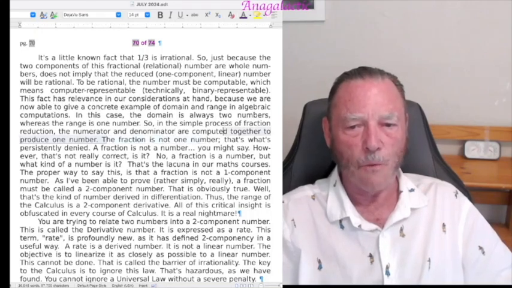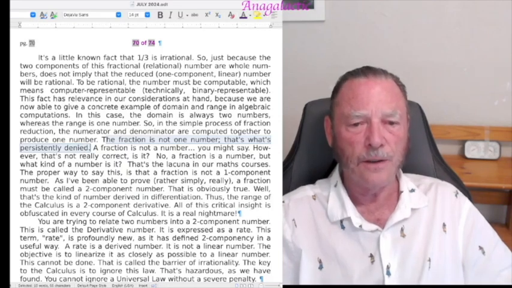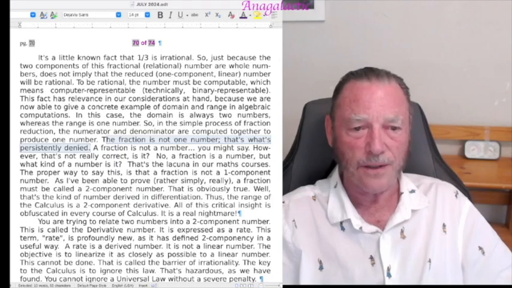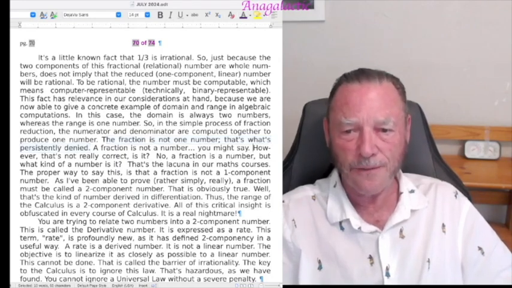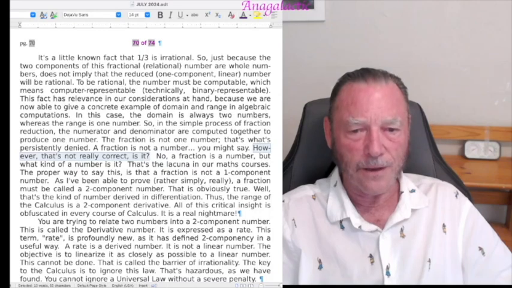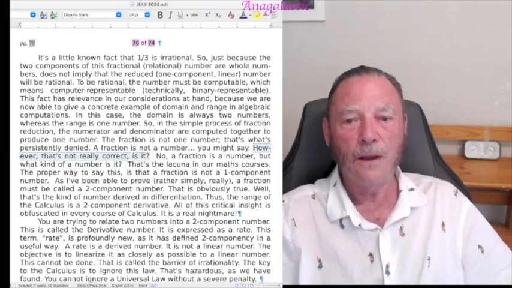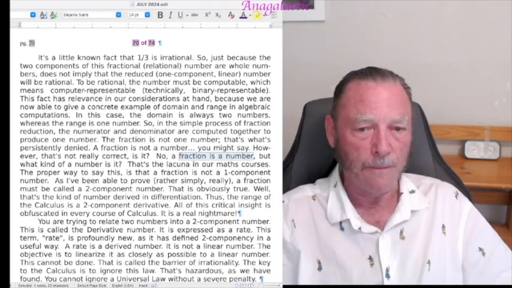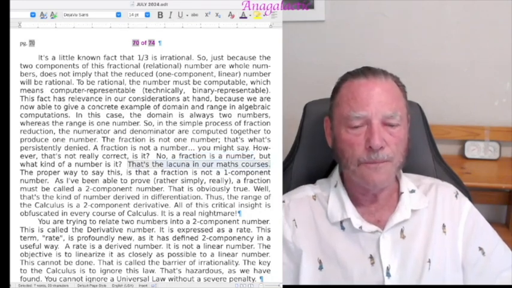The fraction is not one number. That's what's persistently denied. A fraction is not a number, you might say. Well, is it or isn't it? You have to be more specific. However, that's not really correct. The fraction is a number. A fraction is a number, but what kind of number? That's the lacuna.